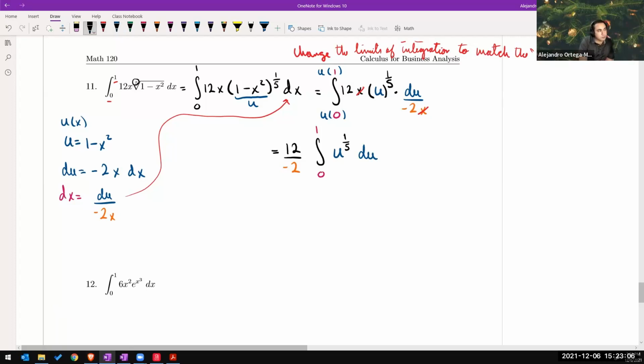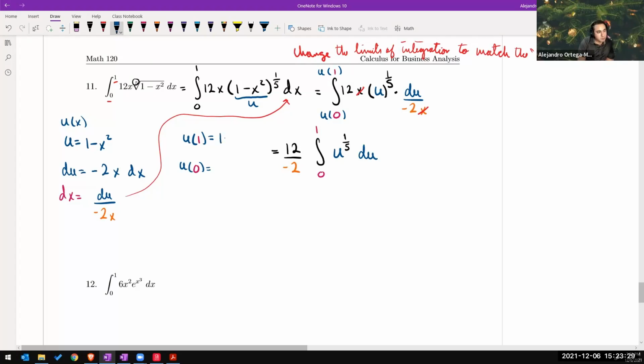So let's figure out what is the u evaluated at 1 and the u evaluated at 0. What is the u when x is 1?